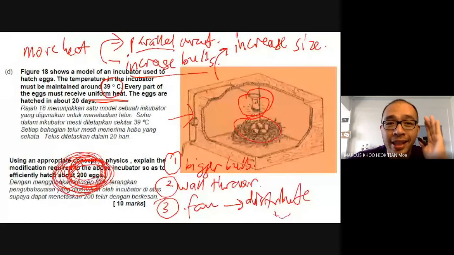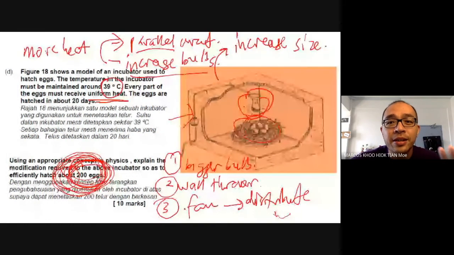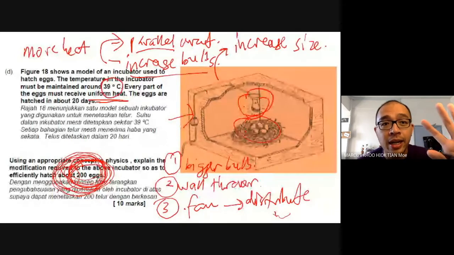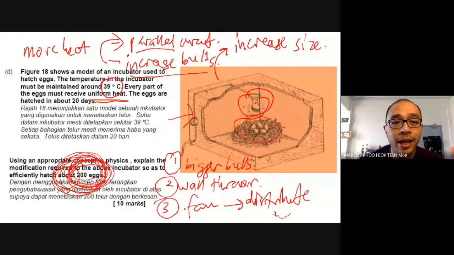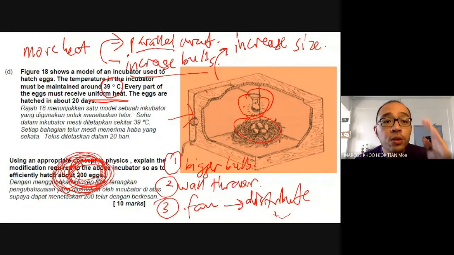I can think of at least 12 answers. Of course we are tied down. Kita hanya terikat kepada 5 cadangan but there are at least 12 ways that I can think of, to modify this incubator so that it can fulfill 39 degrees Celsius, 200 eggs, uniform heat. Kita belum lagi cakap pasal 20 days ini okay.